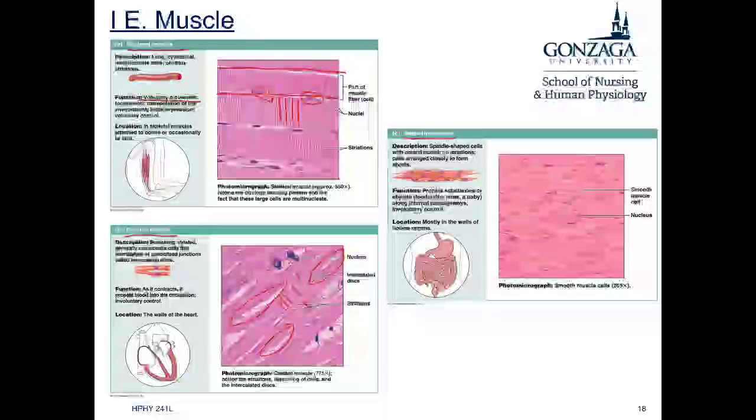They lack the striations, and they have one central nucleus. Smooth muscle is still used for contraction, but contraction of smooth muscle really is useful for propelling substances or objects, especially in terms of digestion, propelling it forward along internal passageways. Because of this, smooth muscle is found mostly within the walls of hollow organs, say like your stomach, your small or large intestine.